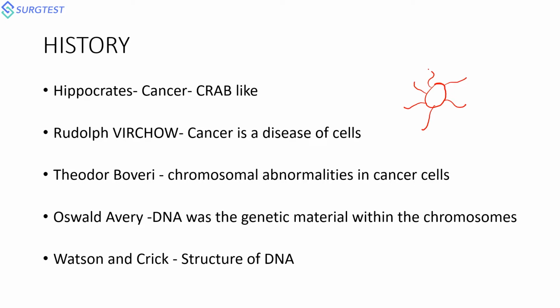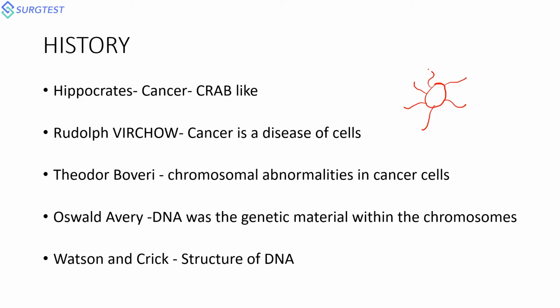And we all know Virchow, the father of pathology, who gave the idea that cancer is a disease of cells. He found out that cancer originated from a group of cells and it is a cellular pathology rather than an organ-based disease. So he clarified and gave more in-depth knowledge about where the center of origin of the disease started.